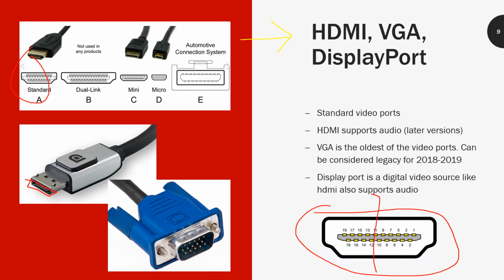DP also has a mini, and you have micro, which used to be popular in a lot of phones that you could just hook up to your TV. Not so popular right now, and this is an automotive connection system. It's definitely not one of the musts that you have to know. It's probably more of a niche environment. So let's not pay attention to this if we're going to be IT professionals or just going to work in an office.